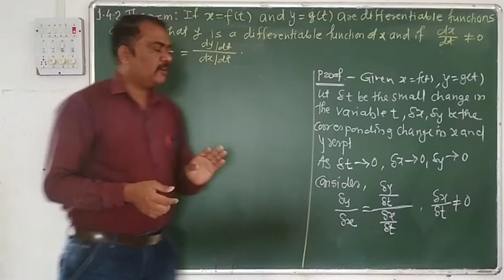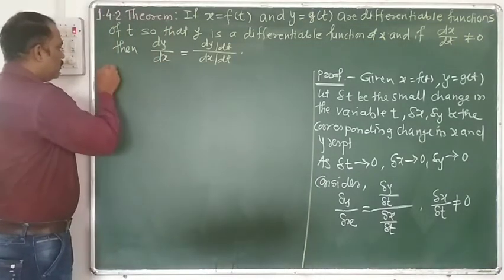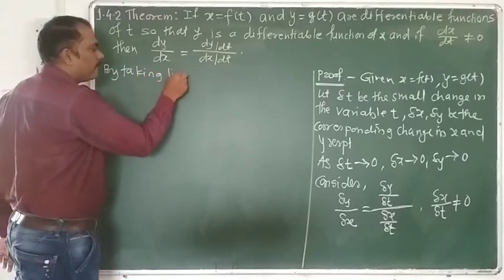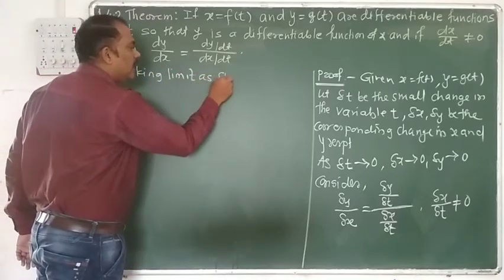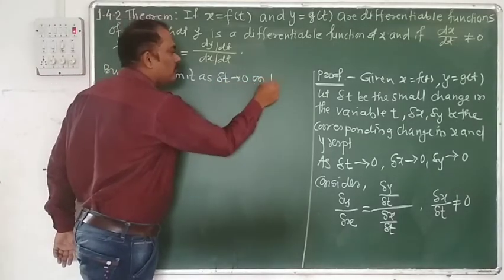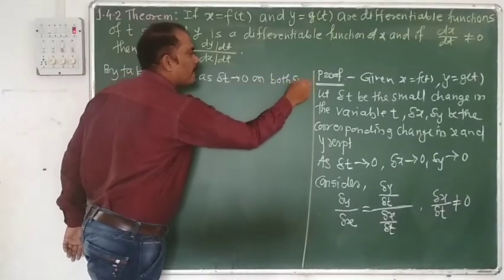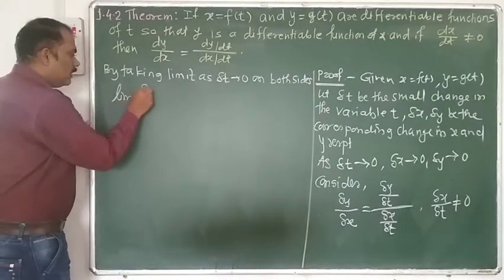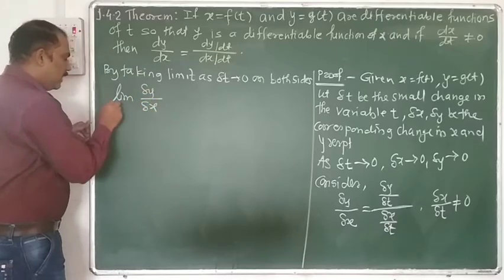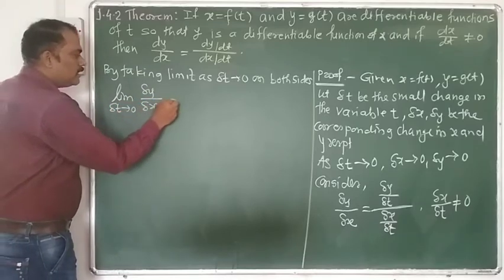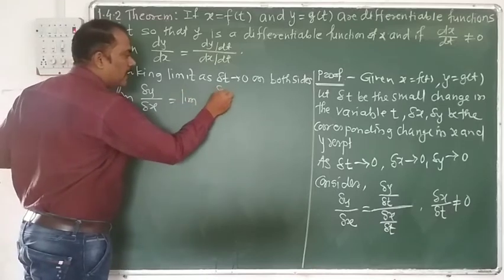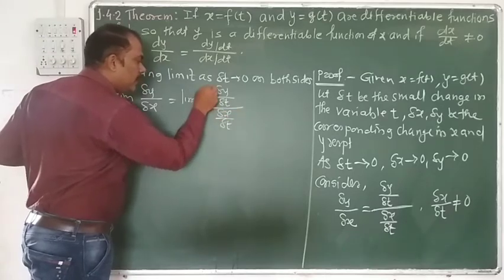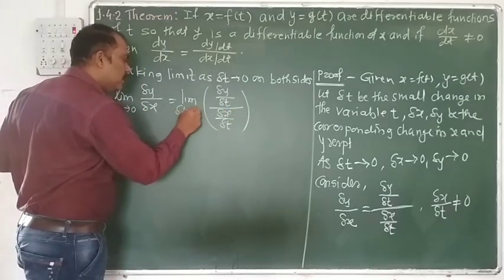Now we have to take the limit on both sides as delta t tends to 0. So what do you get? The limit of delta y upon delta x as delta t tends to 0 is equal to the limit of delta y upon delta t divided by delta x upon delta t, as delta t tends to 0.